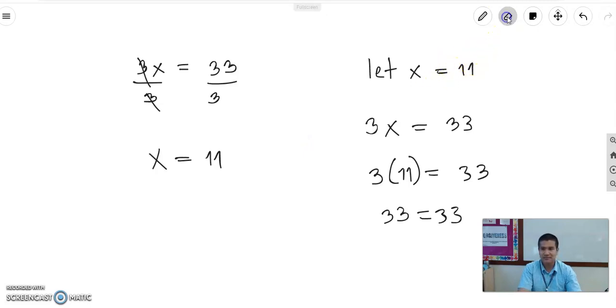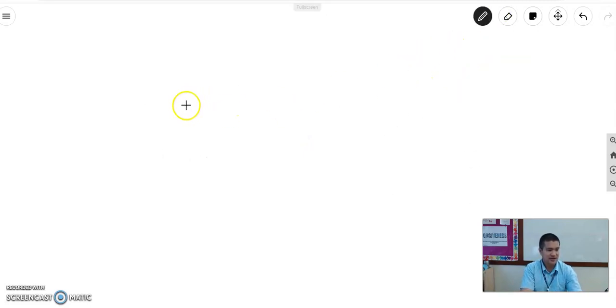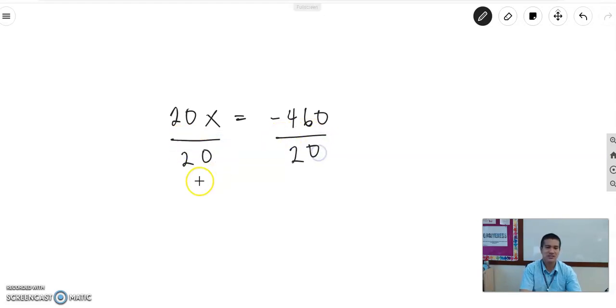Last example. We have 20x equals negative 460, so we divide both sides by 20. Therefore x equals negative 23.